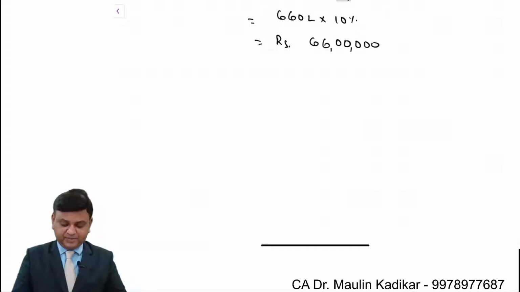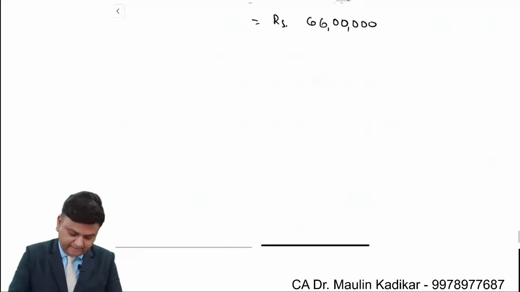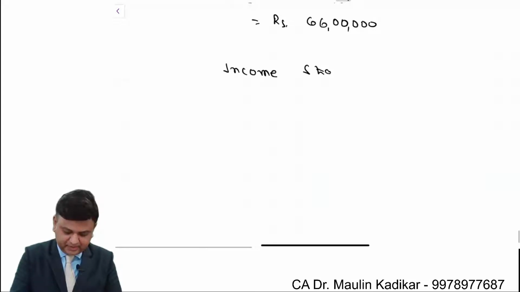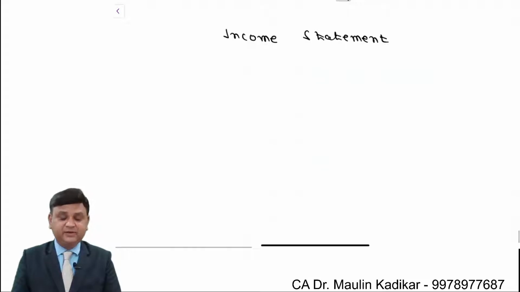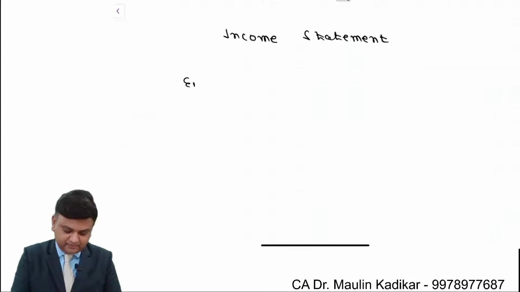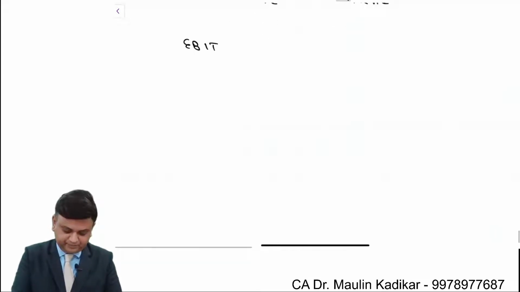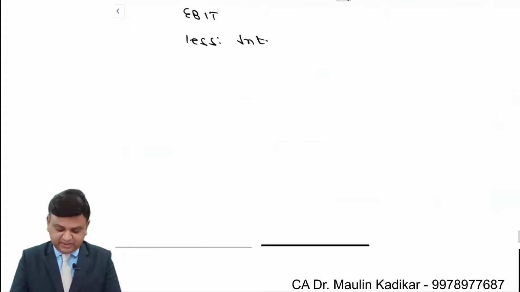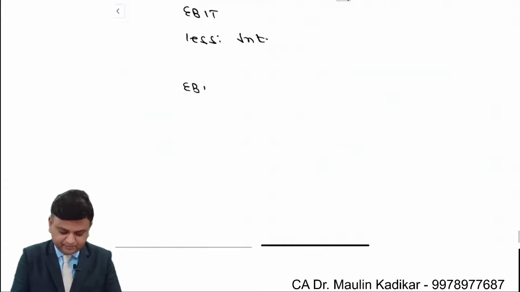Now we can prepare the income statement. In income statement we start with the EBIT, less interest. So EBIT minus interest is EBT. Minus tax is EAT.